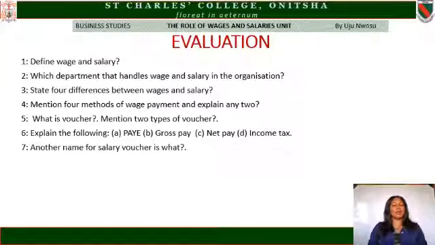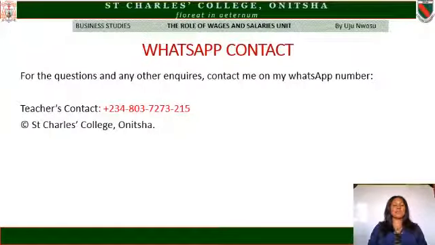Number 4, mention 4 methods of wage payment and explain any 2. 5, what is voucher? Mention 2 types of voucher. Number 6, explain the following: payee, gross pay, net pay, income tax. And number 7, another name for salary voucher is what?